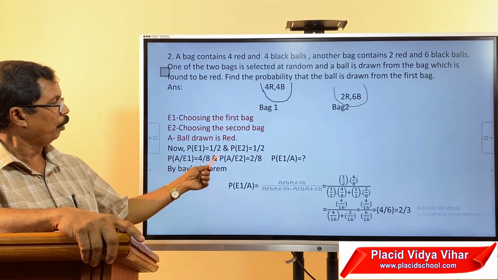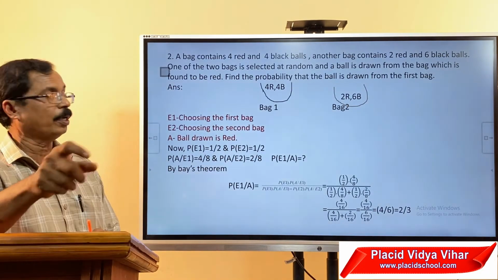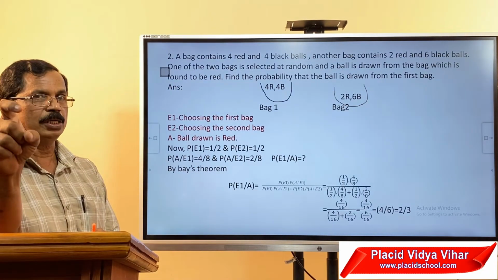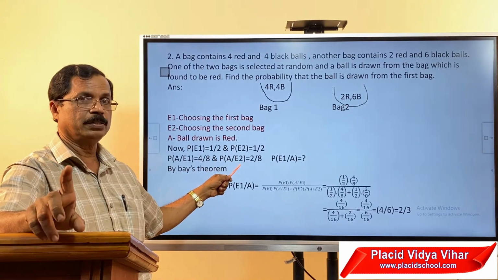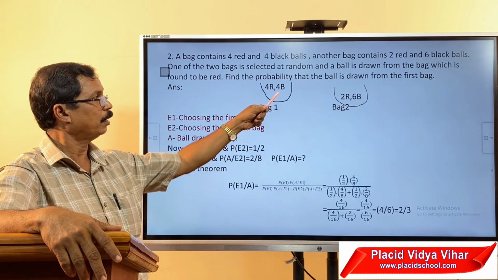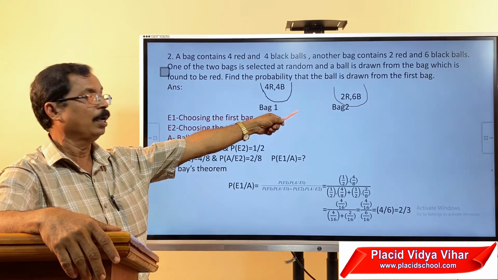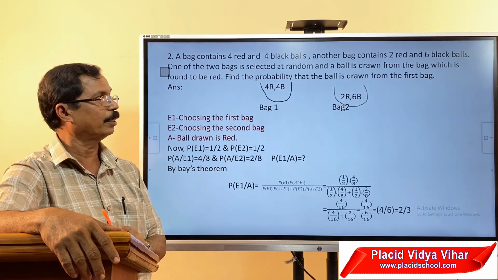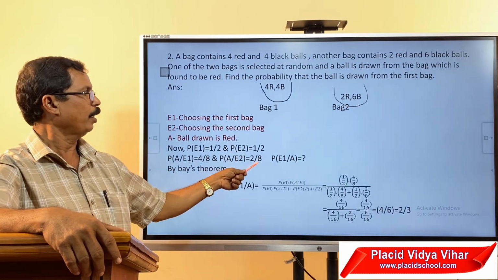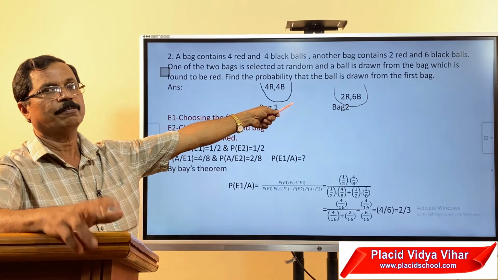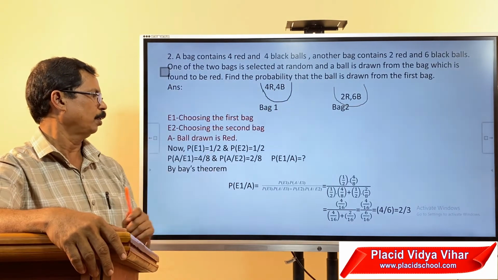And what about P of A given E2? When you write these probabilities, you must be very vigilant. The probability of A given E2 means we have chosen the second bag. If so, what is the probability of red? It is 2 by 8, since there are 2 red balls and 8 total.